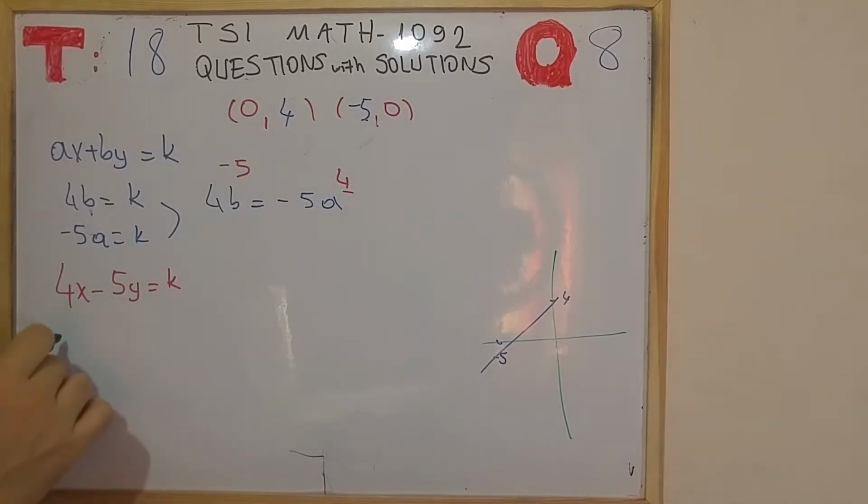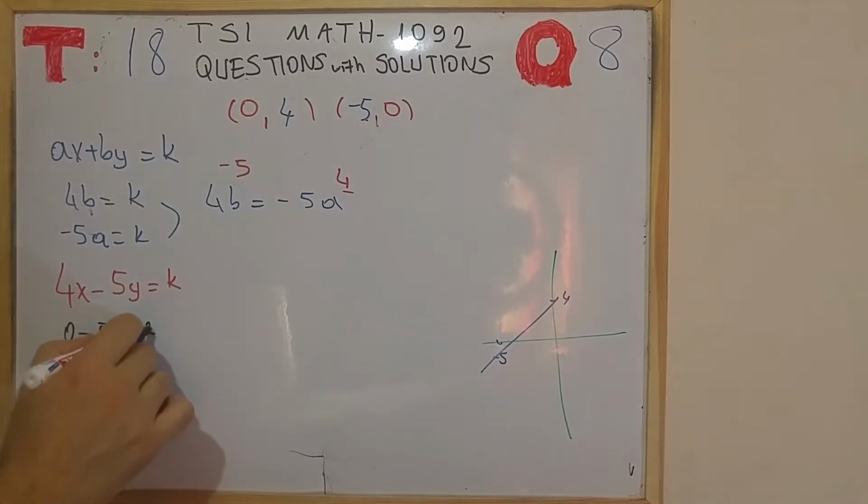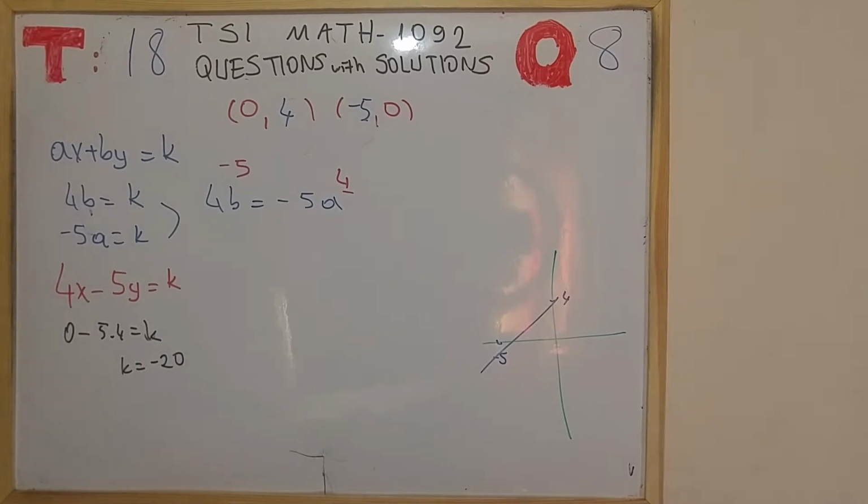Therefore, for x is equal to 0, 0 minus 5 times 4 is equal to k. Therefore, k is equal to minus 20. So I can say that this function is 4x minus 5y is equal to minus 20.